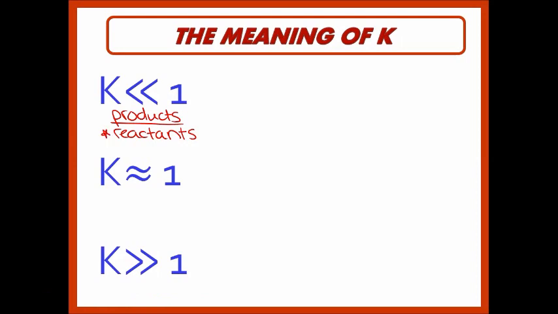So that means that we have a higher reactant concentration at this certain value of K. So in other words, a small K means that the reactants are at much higher equilibrium concentration than the products. So when K is less than 1, that means that the reverse reaction, which converts products to reactants, is actually going to be favored.